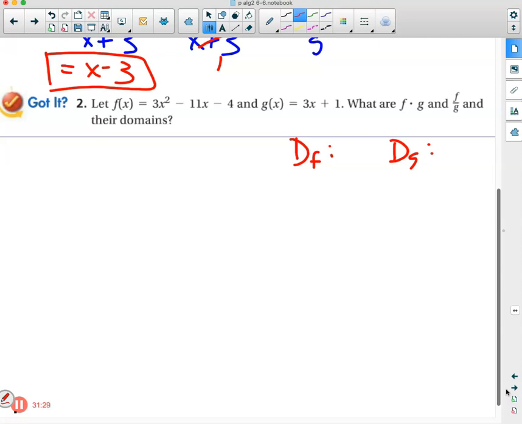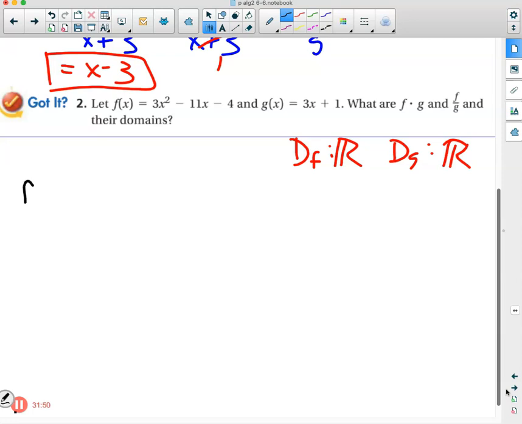None, right? Okay, so all reals. How about g of x? Any restrictions there? Excellent. All reals, all reals. But in the back of your mind, you should be saying, yeah, but they have us divide later, so there's going to be one. But hang on, we'll get there.